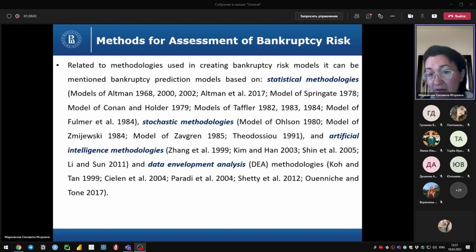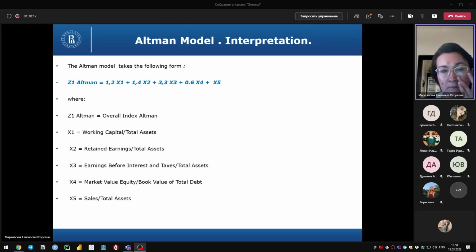And on my slides, you can see the authors of different models. And in your research, in your home task, you may use any of them. And then I'd like to tell you some words about the models and the interpretation.